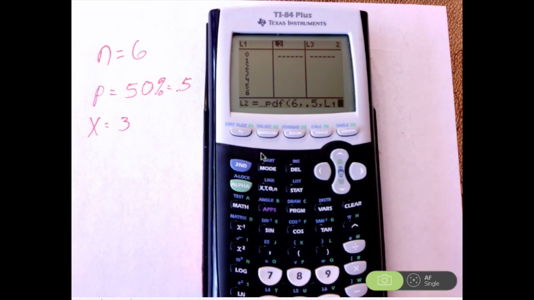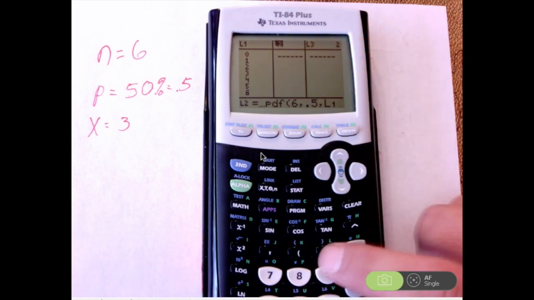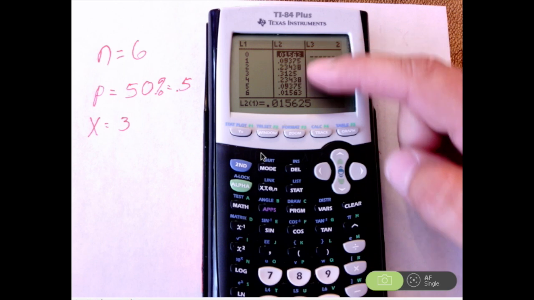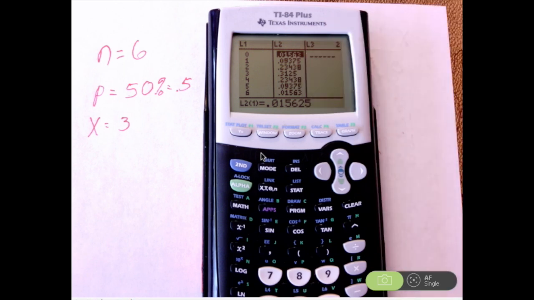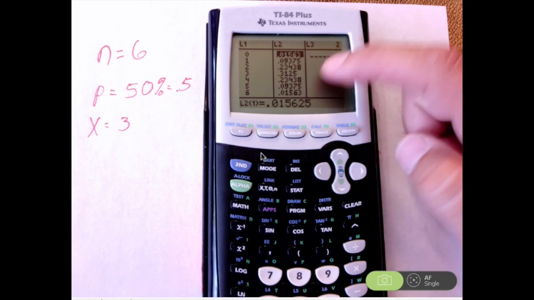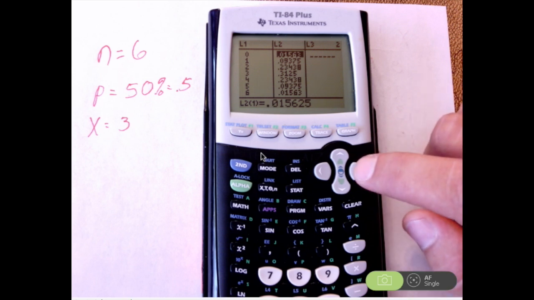And that's going to fill these in for each of these different outcomes. Close my parentheses, hit enter, and notice it has filled in all of these for me. And since this is binomial, you should see that there is a mirror effect with 0 and 6, 1 and 5, and so forth. Go back to your notes if you need to understand why that happened, but that should be expected.